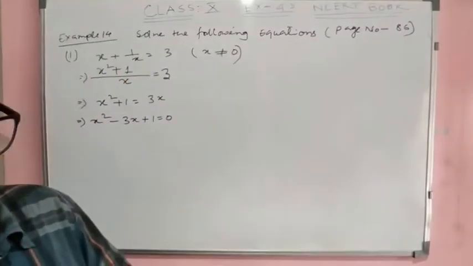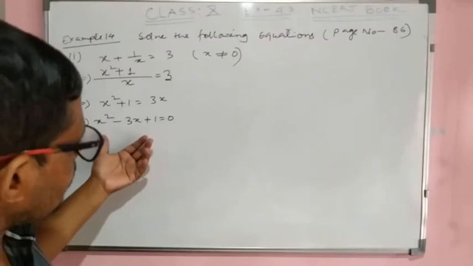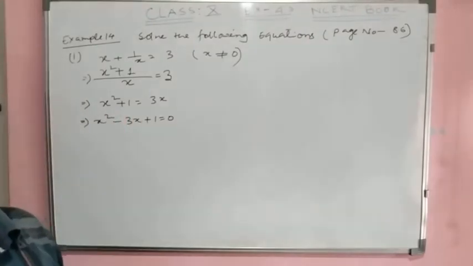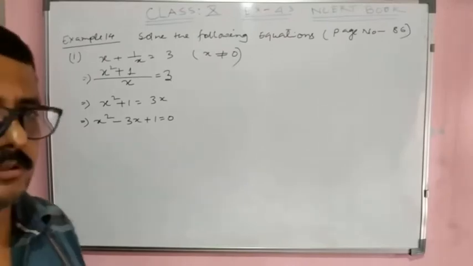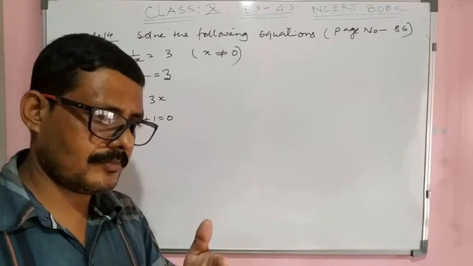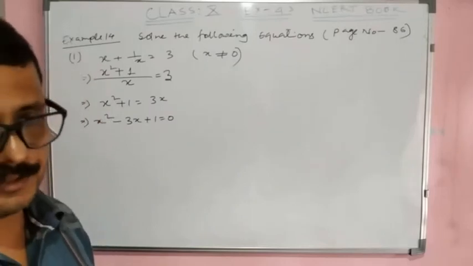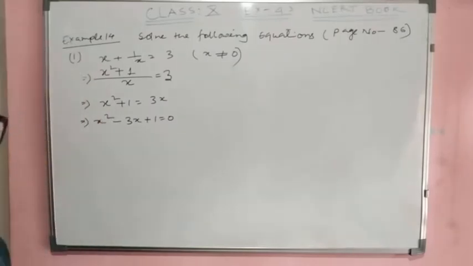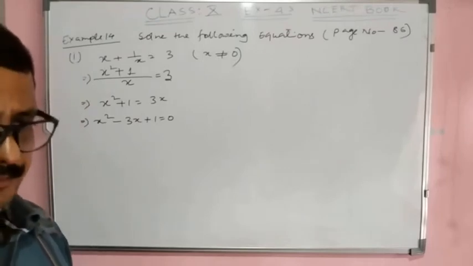Otherwise it will be complicated. So before solving any equation, check whether the discriminant is greater than 0 and a perfect square or not. If it is a perfect square, then definitely we can apply the factorization method. Otherwise, we should go for the completing square method or the quadratic formula.